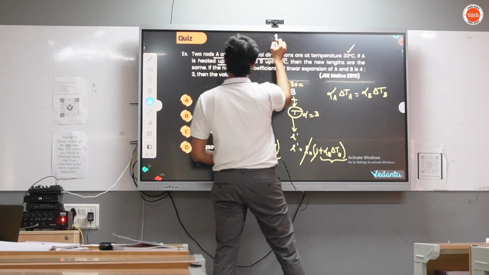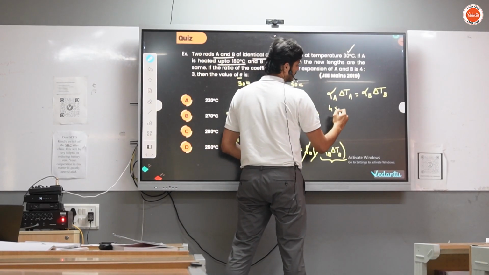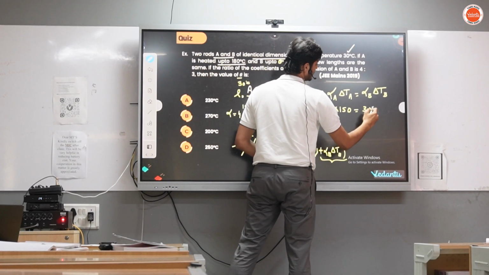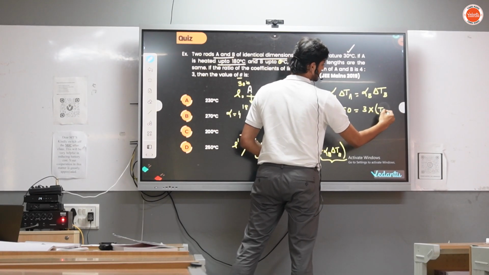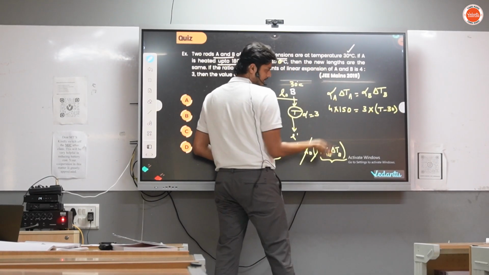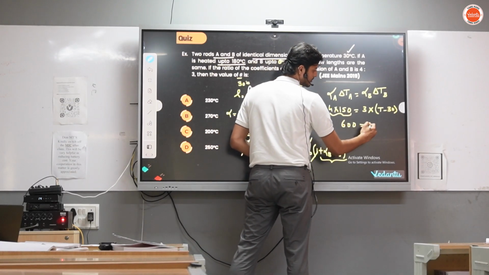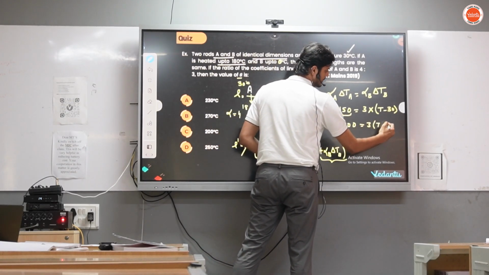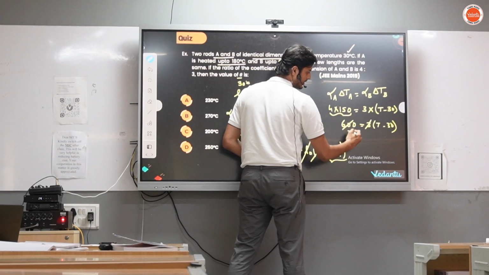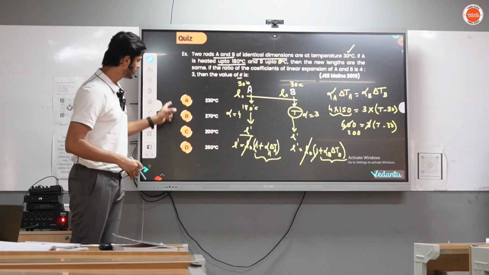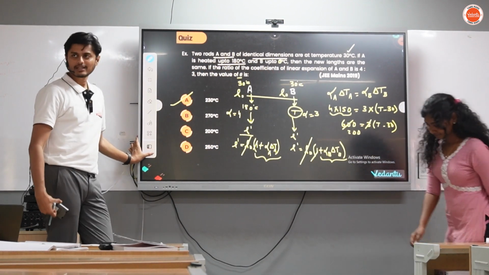So 4 into 150 equals 3 into (x minus 30). That is 600 equals 3 into (x minus 30), so x minus 30 is 200, and the answer is 230 degrees Celsius. Is it clear?